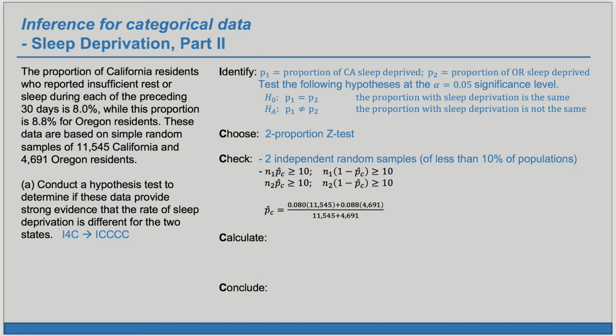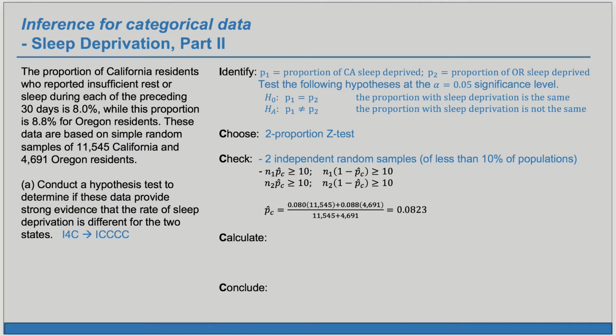So let's first calculate that. We want the number of yeses in the first group plus the number of yeses in the second group over the sum of the sample sizes. What you can see is that essentially we're taking a weighted average of these two sample proportions.